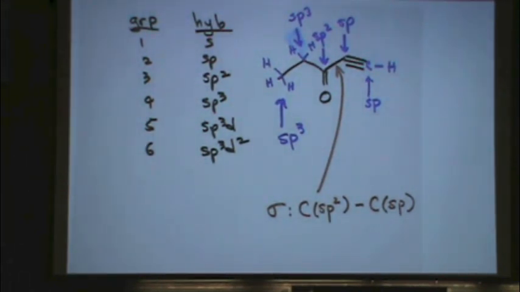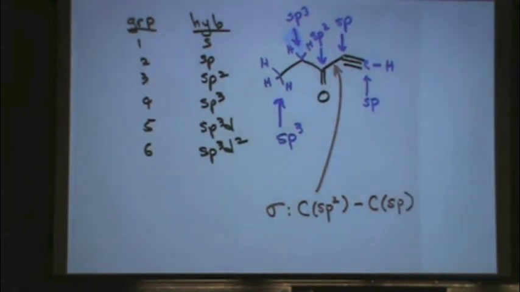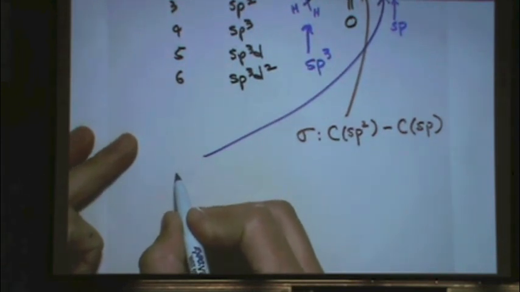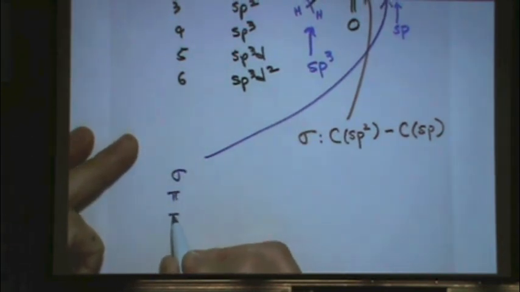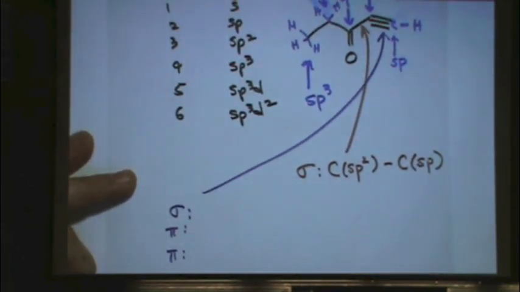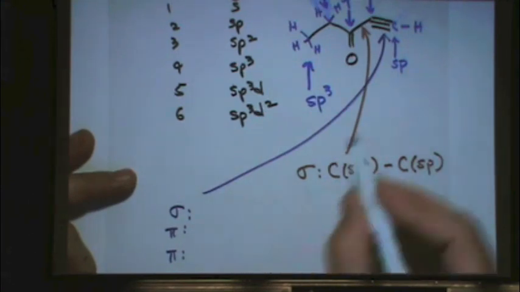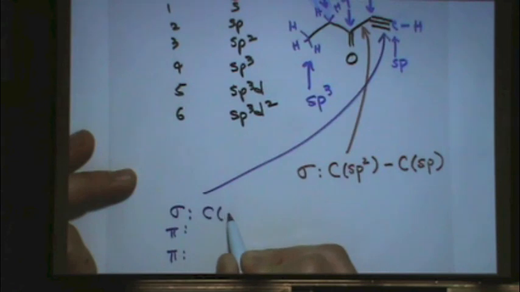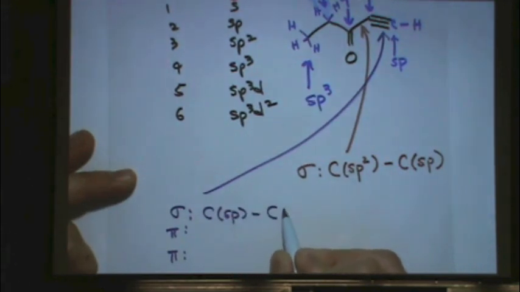Any other questions? Yes? For the triple bond, I'll do this and then I'll move on. For the triple bond, there's three bonds. What kind of bonds are there? A sigma and two pi's. The two carbons form a sigma bond with the hybridized orbitals: the carbon on the left with the sp overlapping with the carbon on the right with sp.